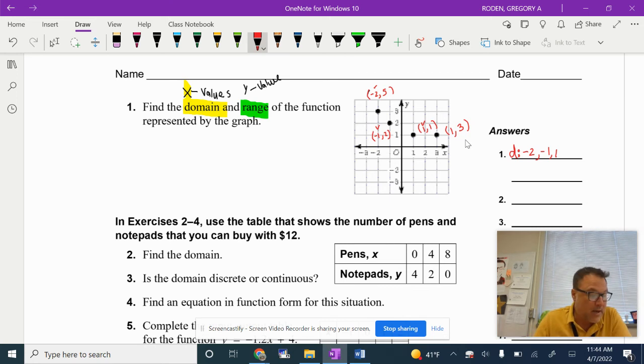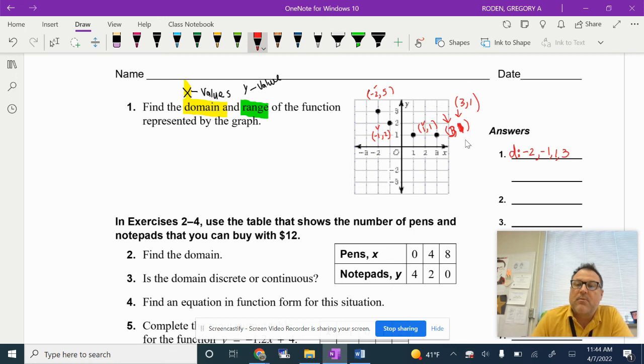Oh, by the way, this last point is not 1, 3. This is 3, 1. My bad. Sorry, I made that point wrong. This is the point 3, 1. All right, sorry about that. So now our domain is -2, -1, 1, and 3.